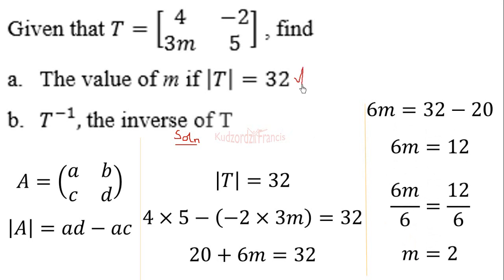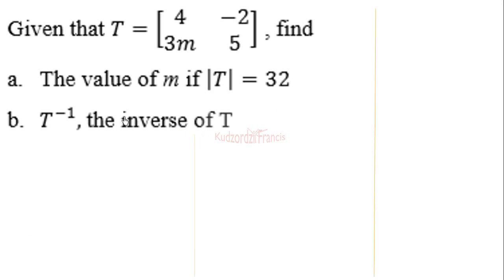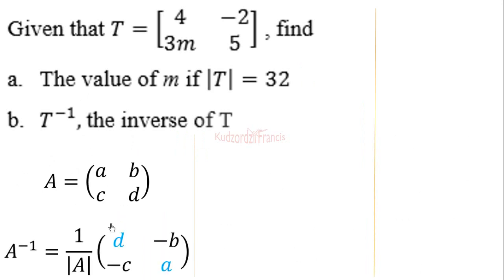What about the next part? So for the next part, which is part B, we are interested in finding the inverse. So recall again that the inverse of a matrix with entries a, b, c, d is given by 1 over the determinant.